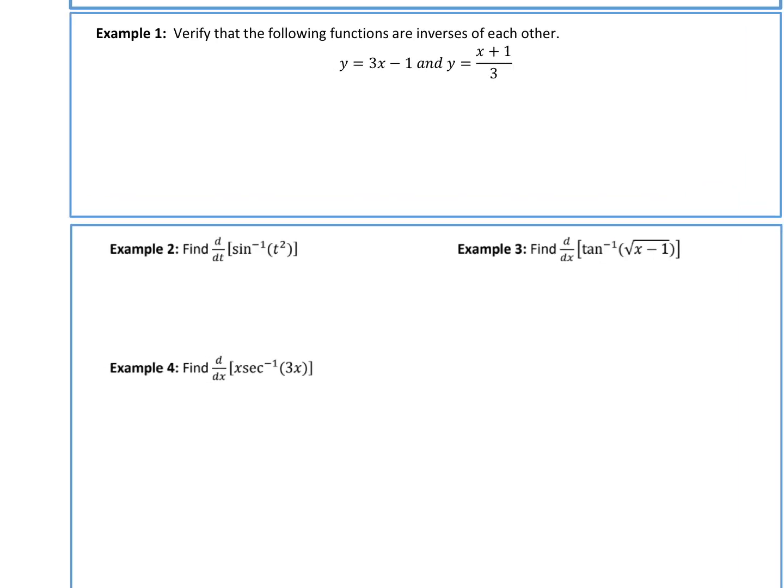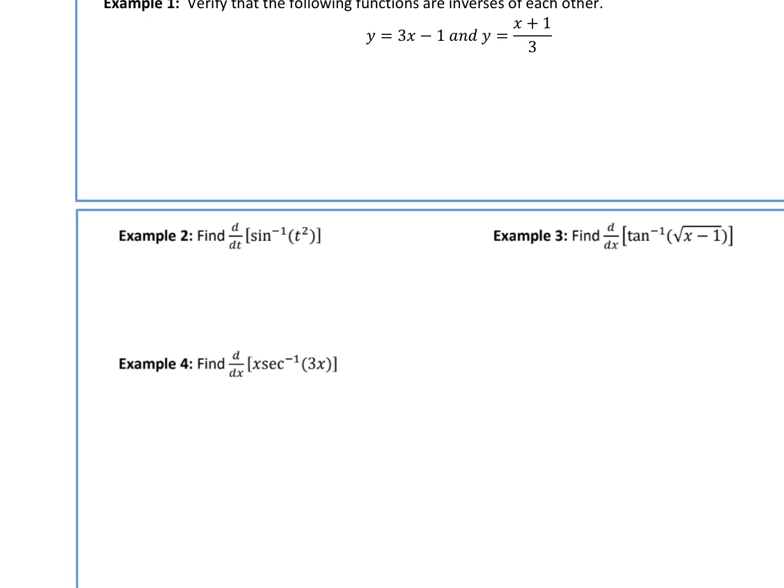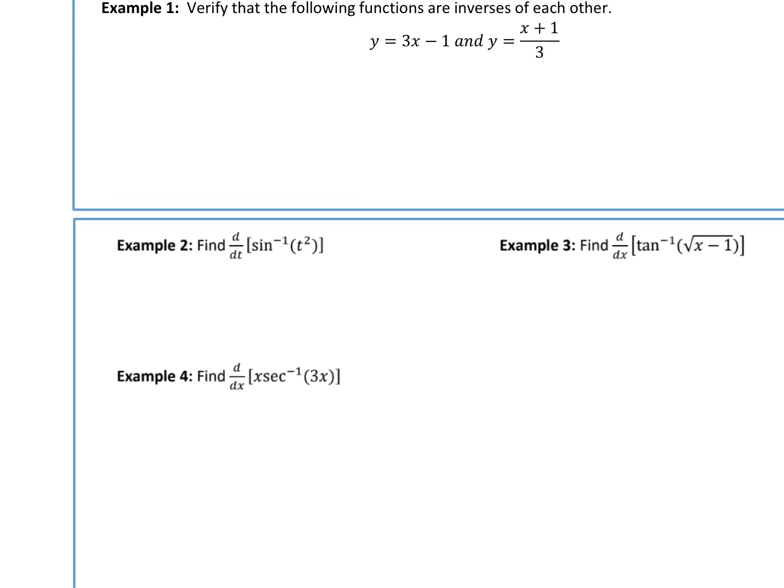So again, this is dt, right? So we're going to do dy dt. Our x is almost like our t in this case, okay? So we'll use dy dt, and then it's going to be 2t.